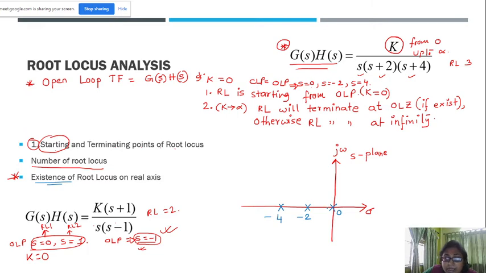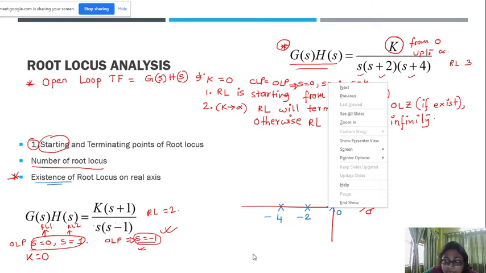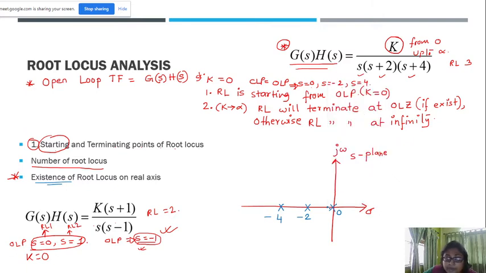Suppose I am taking a test point here. This is my test point. This is the right hand side of the test point, and this is the left hand side of the test point.